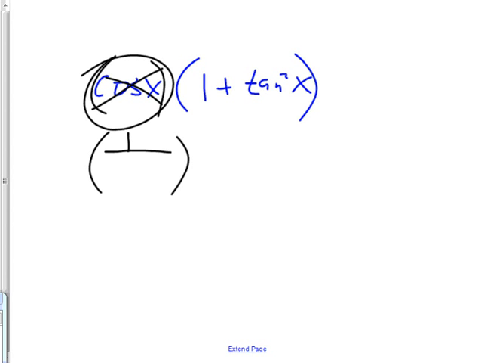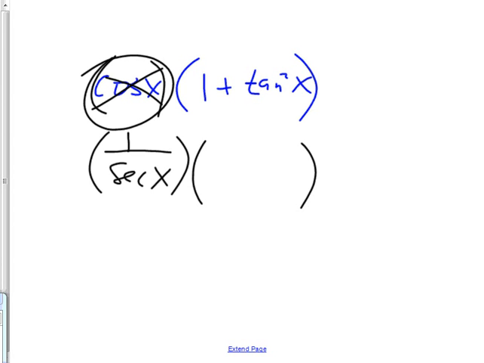1 over secant. Now that one doesn't feel like it helped very much, but wait a minute, maybe it will when I look at the other side. What could I put instead of 1 plus tangent squared? Well, I'm going to remind you that there's a little saying that helps you remember one of these identities.